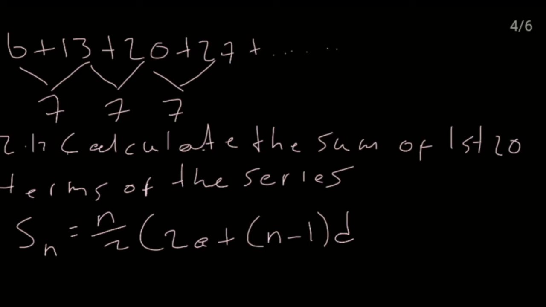Now the question is clear. You are looking for the sum of the first 20 terms, meaning this is your n, right? What are you looking for? You are looking for S20, right? So let's go on. Sorry, we know our n is 20 over 2, right?